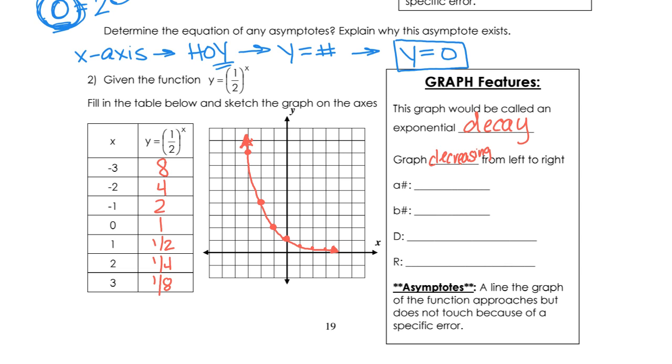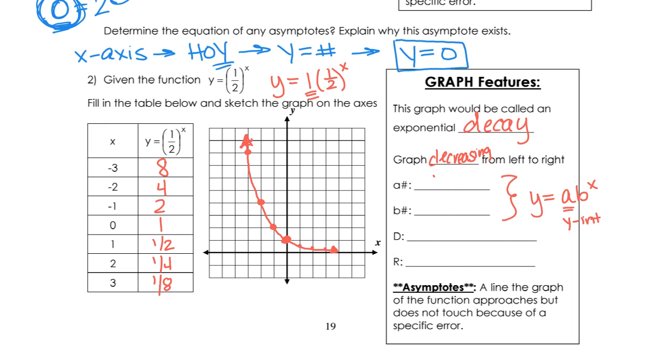And again, when we talk about exponentials, we have to talk about the form being y equals a b to the x, which we'll talk about later too. If I go back up here and I rewrite this to have an a value, you're going to see that our a value is 1, and that a value, again, like the last one, is our y-intercept, which you guys can see from our graph is 1.